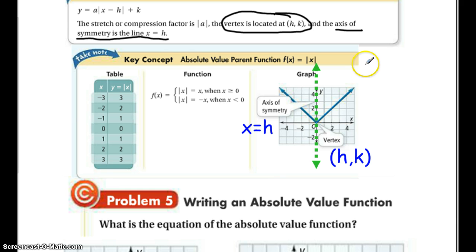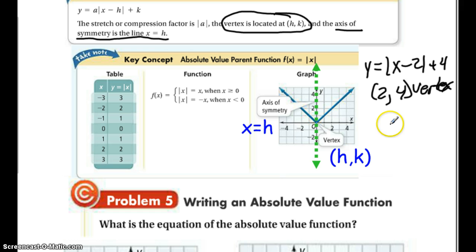Suppose I had y equals the absolute value of x minus 2 plus 4. My vertex is going to be the opposite of this, which is your h value, 2, and 4. That's our vertex. Our axis of symmetry is going to be the equation x equals my h value, which is 2.